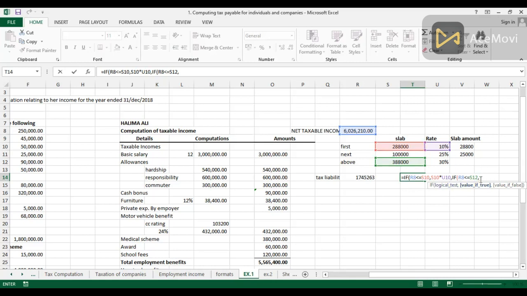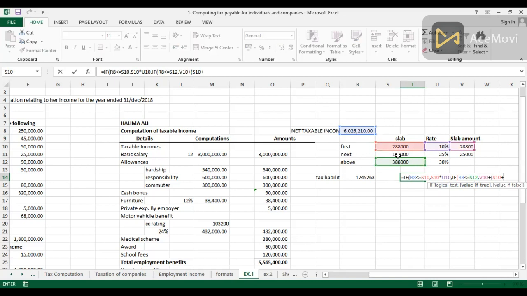If the value is true, it will be the amount here, the slab amount here, this one, plus we'll open the bracket, isn't it? We'll open the bracket, then it will be this one here, plus there's a third example here. I'll show you how this is very, very applicable.